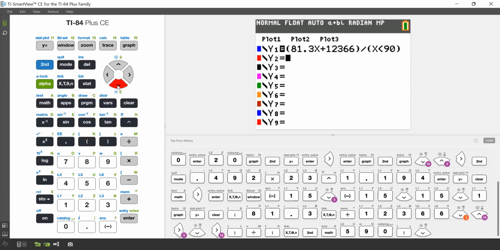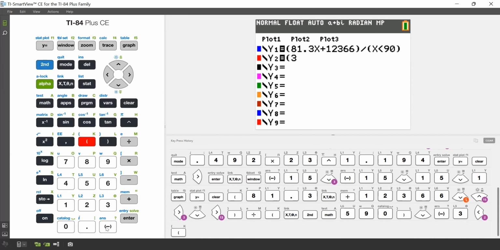Okay, then we're going to graph the second part, which is negative 3. Oops, better put in parentheses though. Negative 376.4 X plus 48,689.